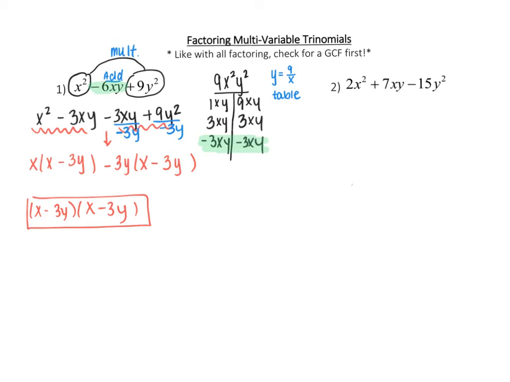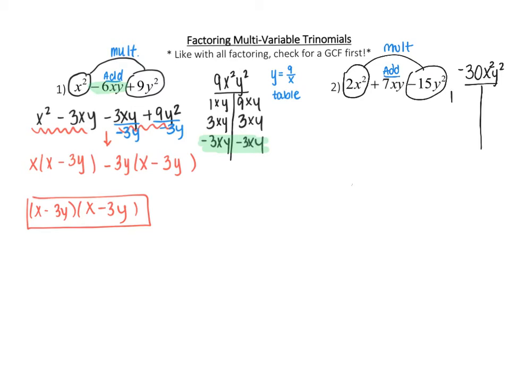So we're going to multiply the first term and the last term, and that gives me negative 30 x squared y squared. And I need the factors that multiply to that and add to a positive 7xy. So again, you can use the calculator to find the factors.